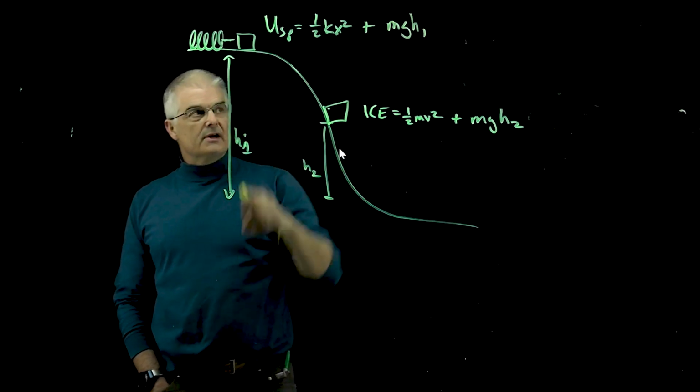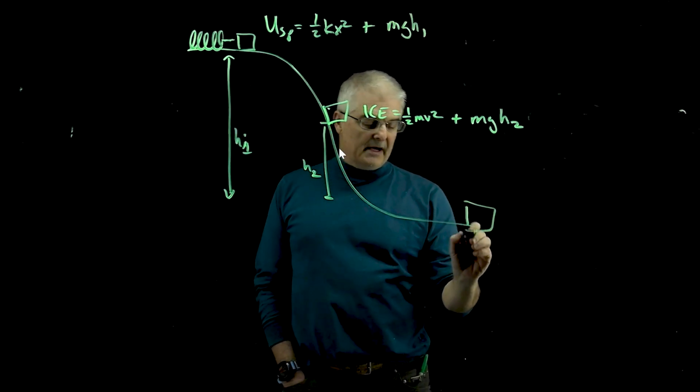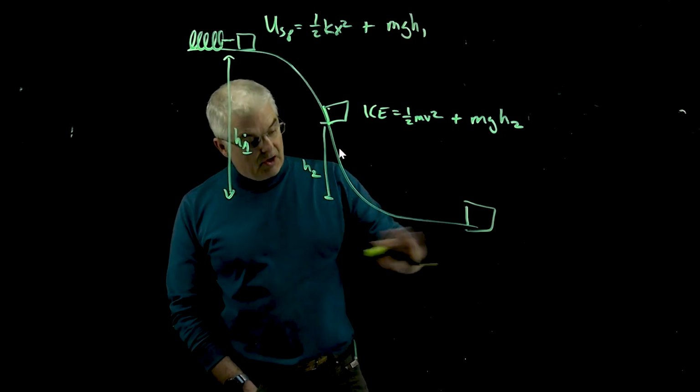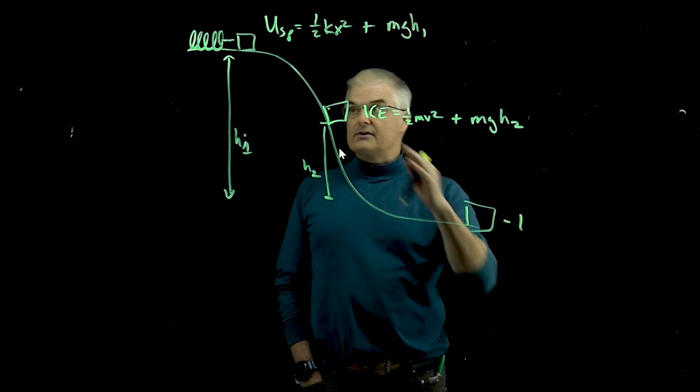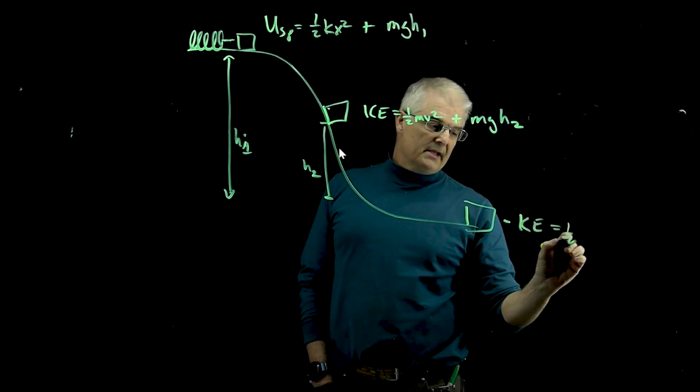So the mass of the object times g times h1. And then when it's down here at this spot, it has lost all of its potential energy. It only has kinetic energy, and that's 1/2 mv squared.